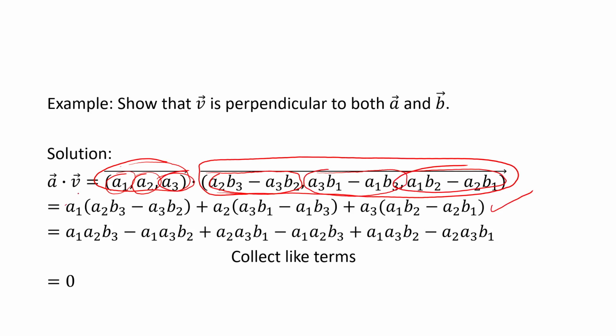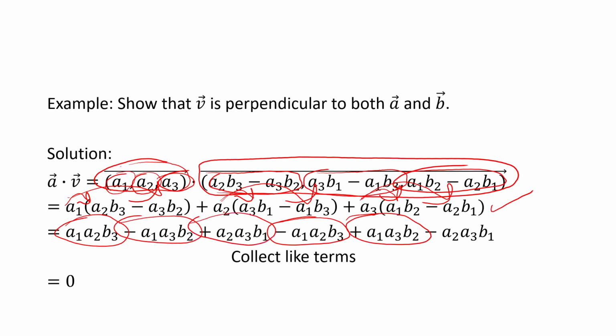Then we can distribute a1 into the first bracket, a2 into the second bracket, and a3 into the third bracket. Now when we do that, we get a positive a1a2b3 term and a negative a1a2b3 term. We get a negative a1a3b2 and a positive a1a3b2, and a positive a2a3b1 and a negative a2a3b1. They all cancel each other out, and the answer is 0.